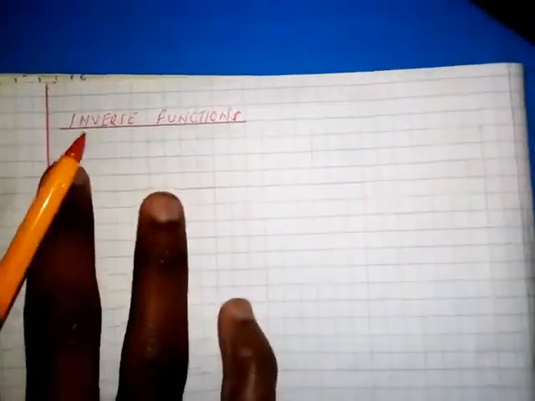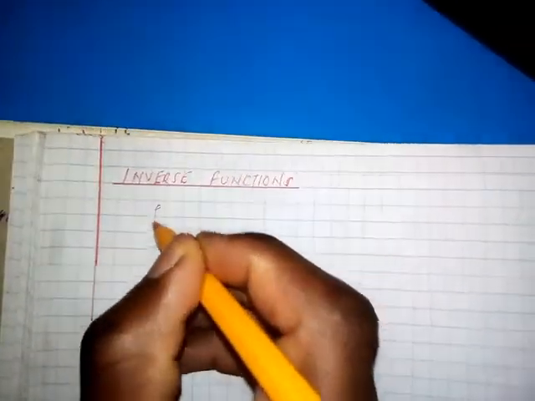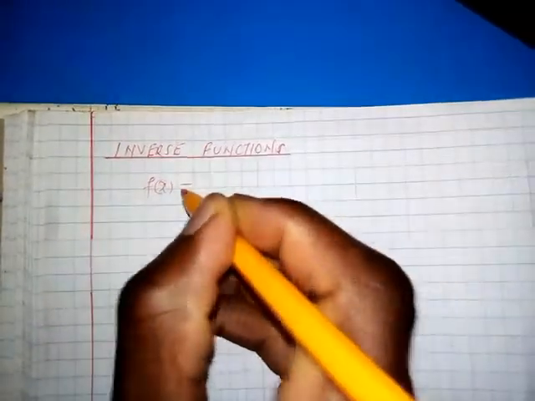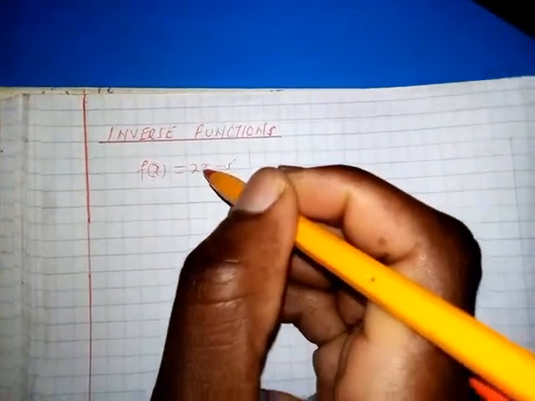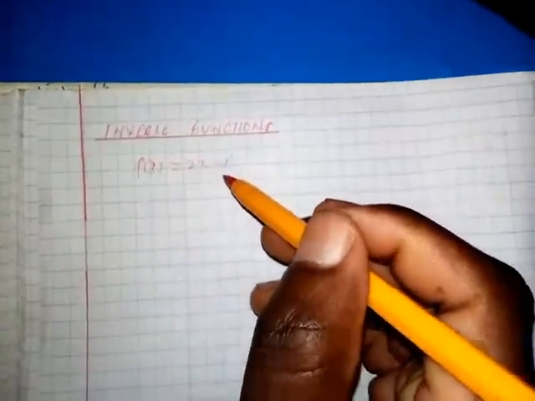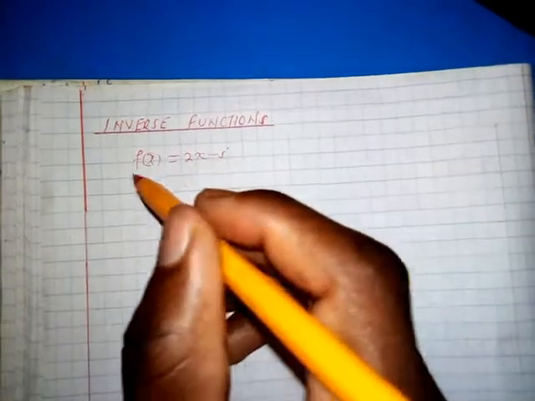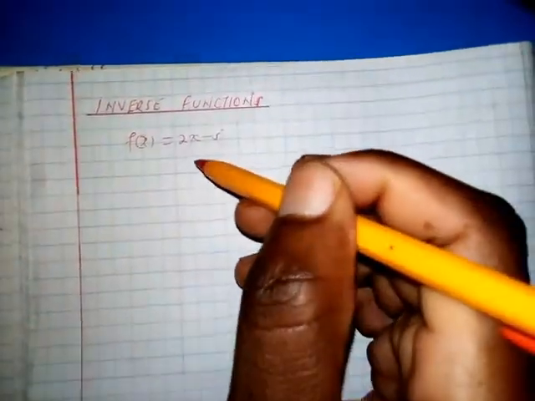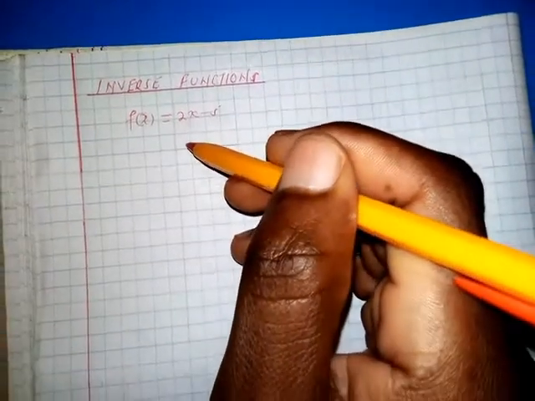consider the function f(x) equals 2x minus 5. If we take any value of x and plug it into f(x), what will happen to the value of x?